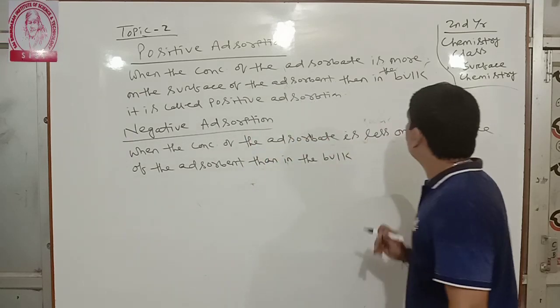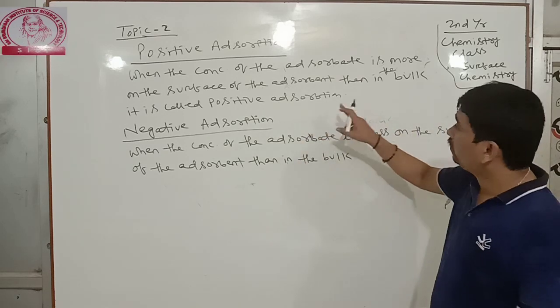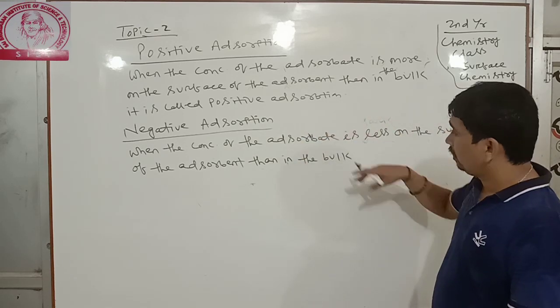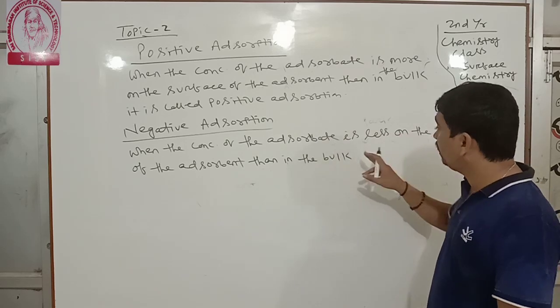When the concentration of the adsorbate is more on the surface of the adsorbent than in the bulk, it is called positive adsorption.